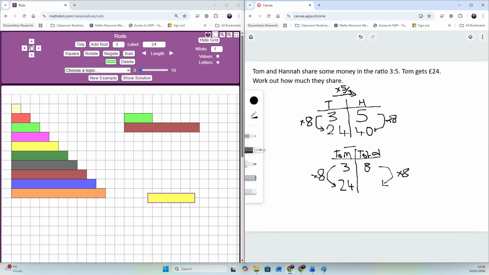But now the functional relationship between Tom and the total, because it's a different thing that I'm creating this relationship between, it's no longer between Tom's part and Hannah's part, it's between Tom's part and the total. Instead of being 5/3, it's now 8/3. And I think this is important for a couple of reasons. I mean, obviously here, no matter which way you go, it's going to get the £64. But I think this is important for a couple of reasons.